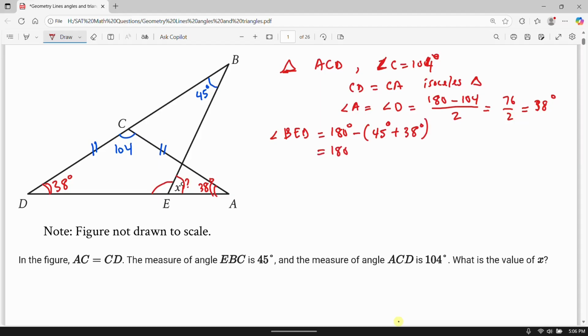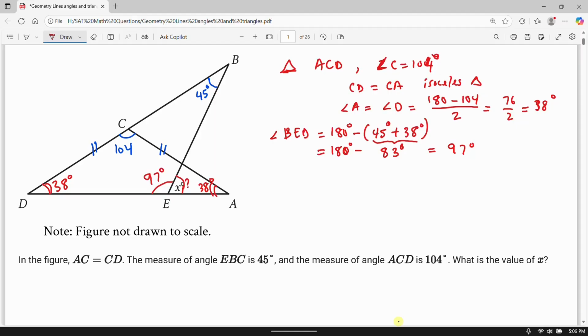That is 180 minus, these two combined is 83, so that's going to give me 97 degrees. So this is 97 degrees.